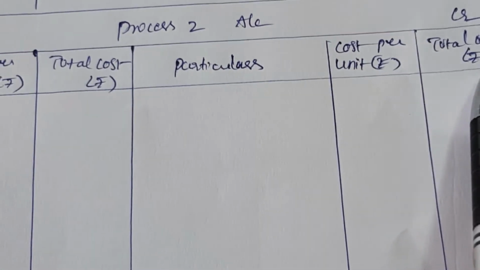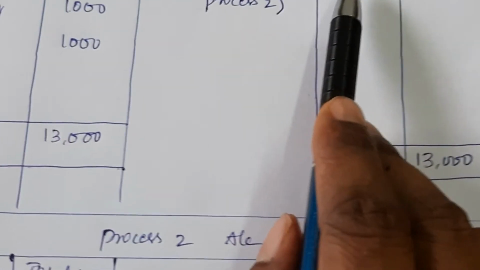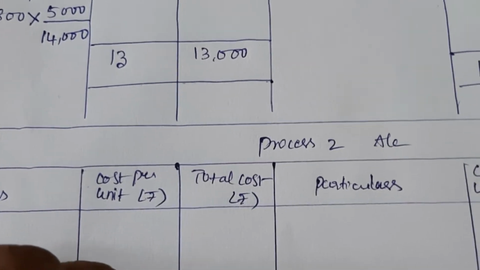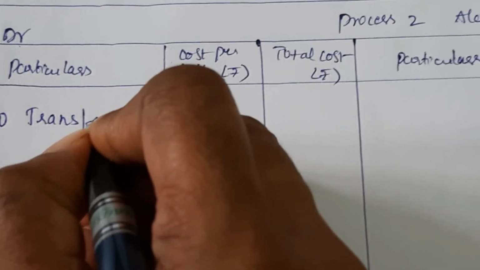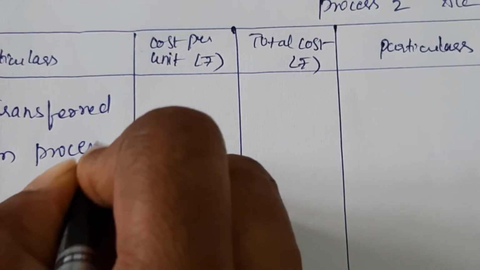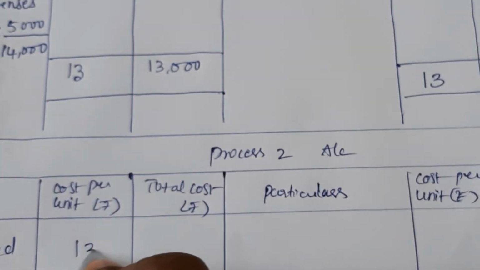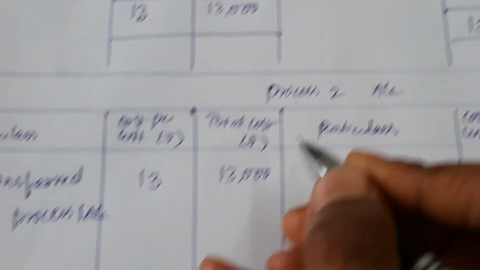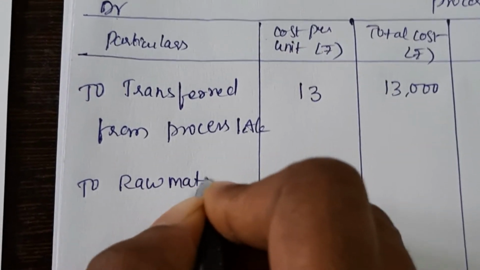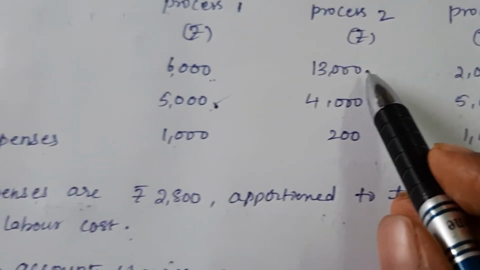This process 2 account will start with the output of process 1 account, so to transfer from process 1 account, how much is that? 13,000. And apart from that, we spend some raw material. How much raw material in the second process? 13,000.